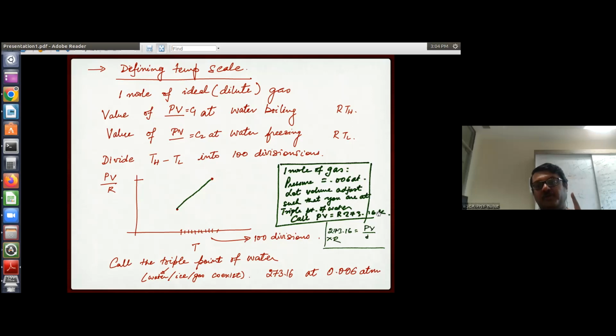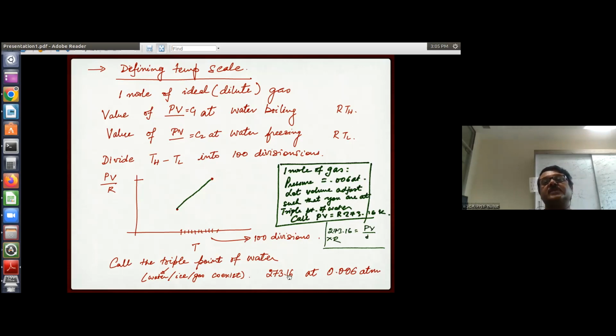So if you had 1 mole of gas at the triple point, you know what the pressure is, the volume will adjust itself to some value, and you take PV by R, and it will come out to be 273.